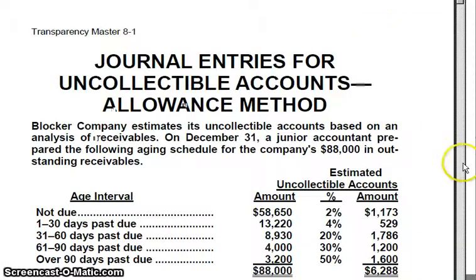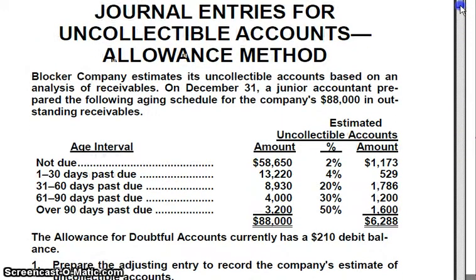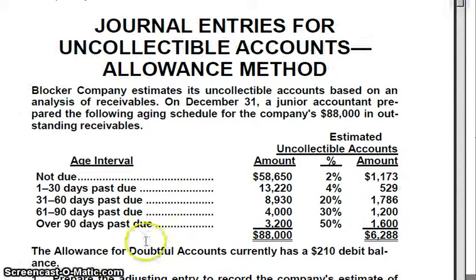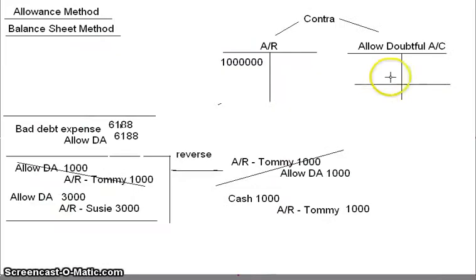This problem throws a little bit of an interesting twist into it. What it tells us is the allowance for doubtful accounts currently has a $210 debit balance in it. Well, let's put that $210 in here as a debit balance then. The thing is I still want $6,288 to be my final number here.